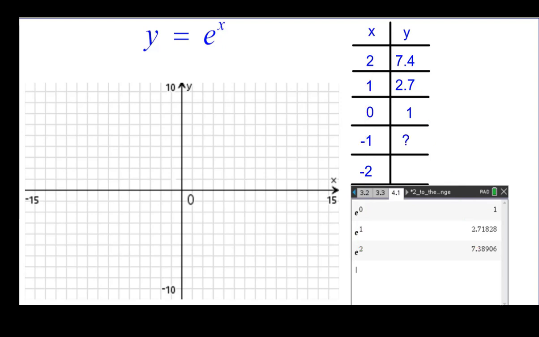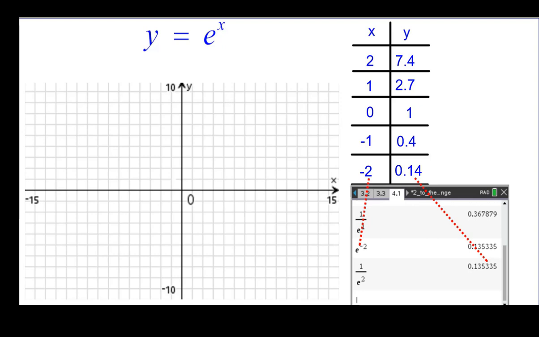And e to the negative 1 power is the reciprocal of e, which is about 0.4. And the reciprocal squared is about 0.14. So those are our 5 key points to get the curve for y equals e to the x.